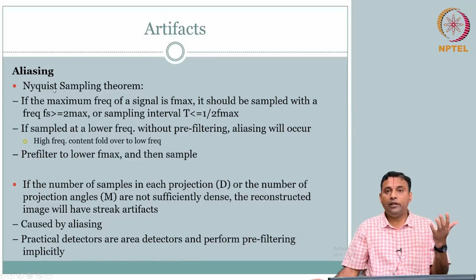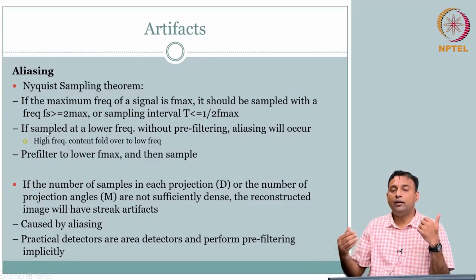Whenever you have a sampling, you have to worry about aliasing. So how do you reduce this aliasing? You have to do anti-aliasing filter. So in some sense, if you are sampling less than the Nyquist rate, what is that? Twice the highest frequency content that is there, right? If you are sampling any less than that, you are going to get aliasing. That means what?